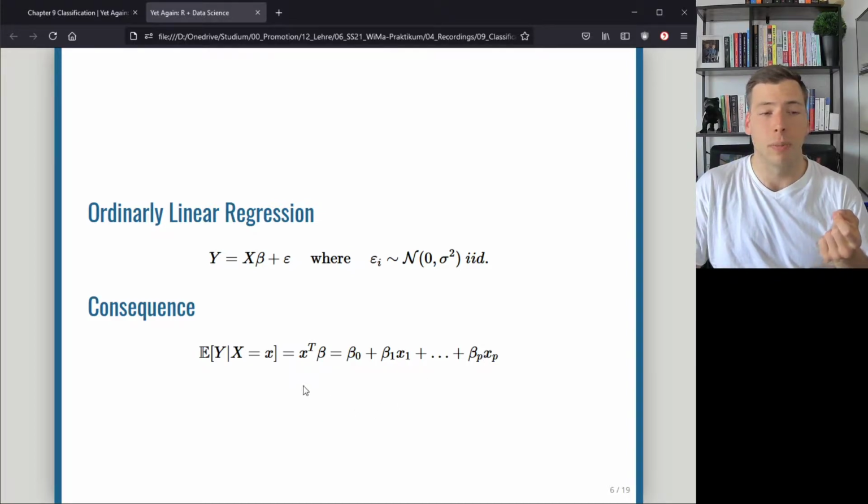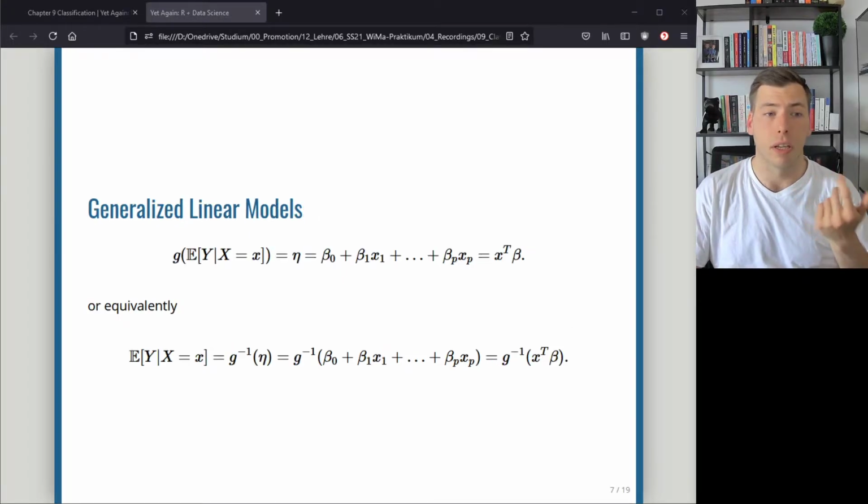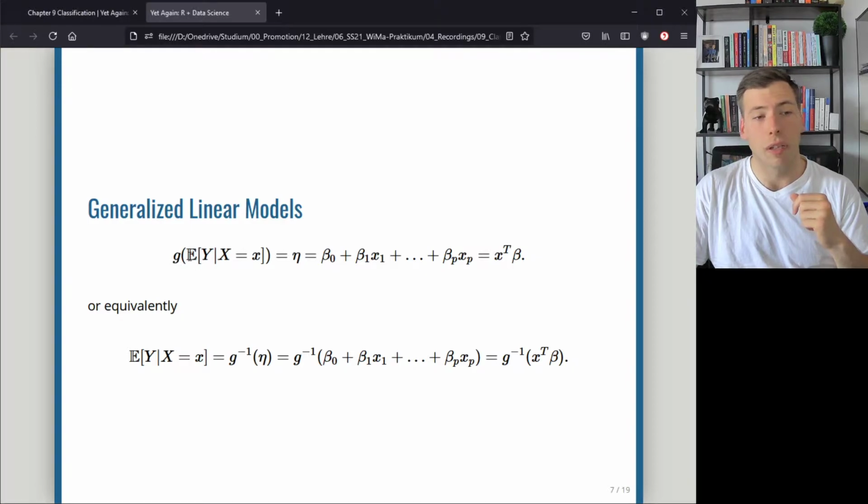They don't simply say the expected value is exactly this linear form, also called a linear predictor. It's not exactly the same, but there is a relationship between those two. And this relationship is typically described via a function. So here we say that the g of our expected value is simply eta, which is just this linear predictor.